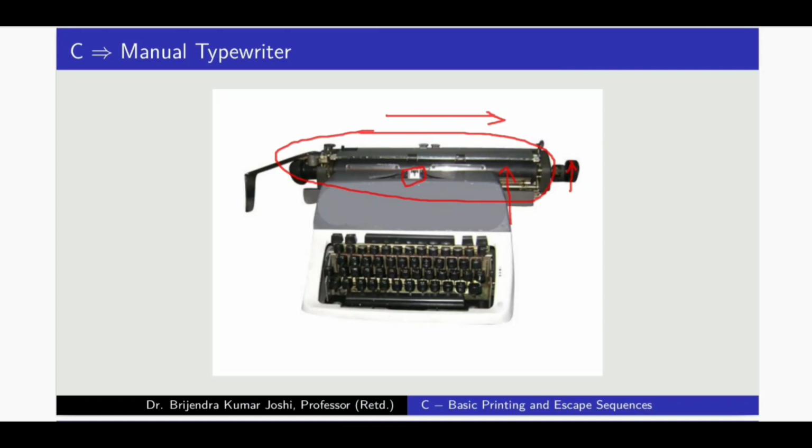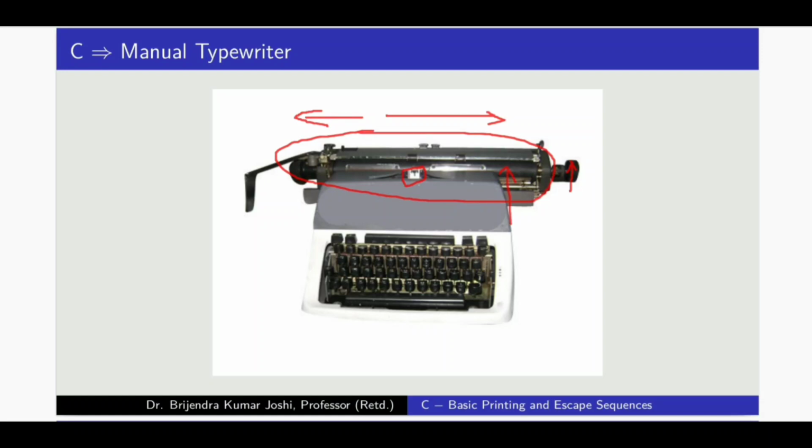As you keep on pressing the keys, the paper keeps on moving, and the entire carriage keeps on moving towards the left hand side. When this carriage reaches the leftmost position, it means you have reached the rightmost position of the paper on the same line.